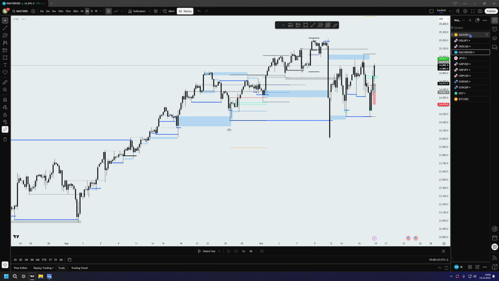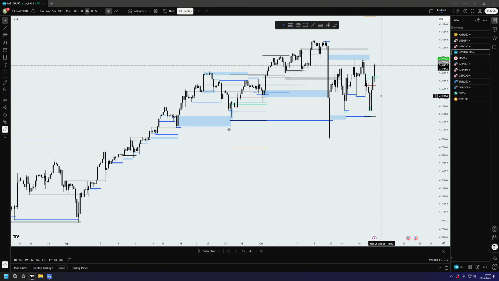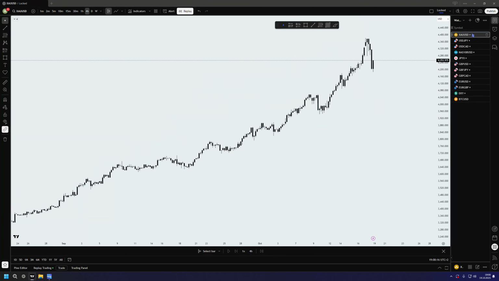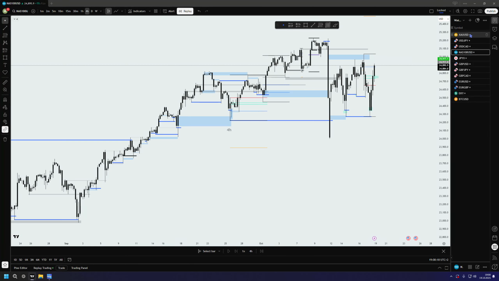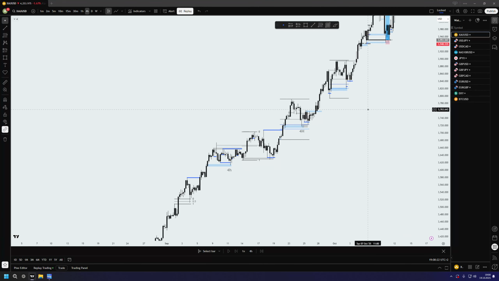For gold and Nasdaq, I usually only look for longs. And I also usually only take higher time frame trades as I'm a swinger.